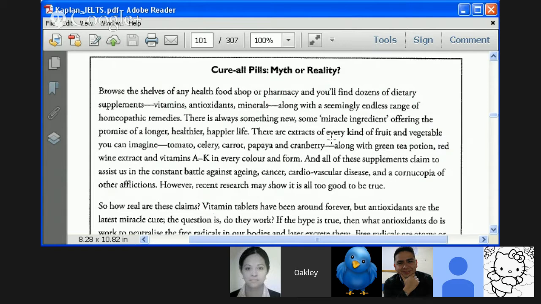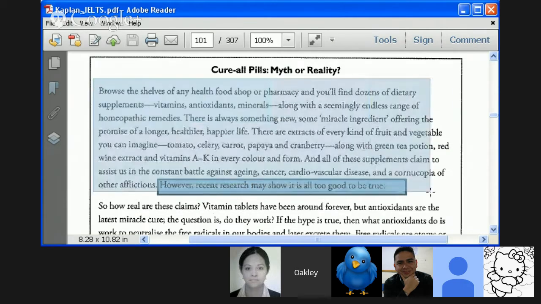There are extracts of every kind of fruit and vegetable you can imagine: tomato, celery, carrot, papaya, and cranberry, along with green tea potion, red wine extract, and vitamins A through K in every color and form. And all of these supplements claim to assist us in the constant battle against aging, cancer, cardiovascular disease, and a cornucopia of other afflictions. However, recent research may show it is all too good to be true.